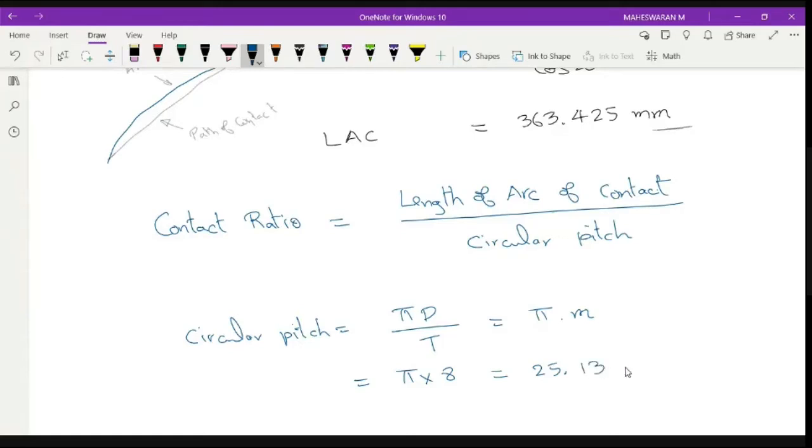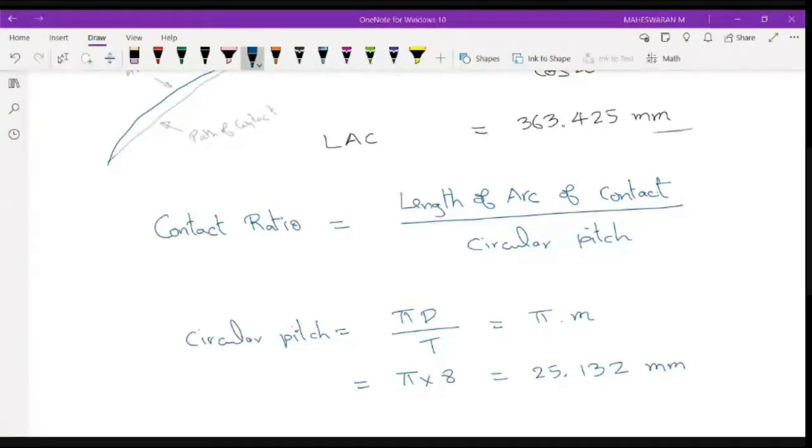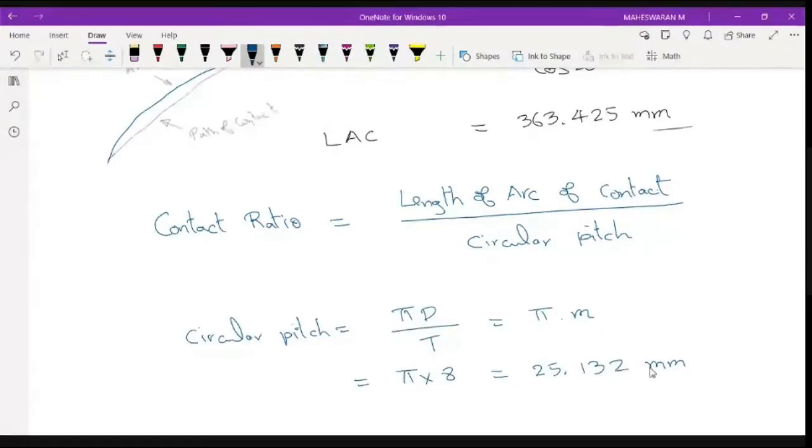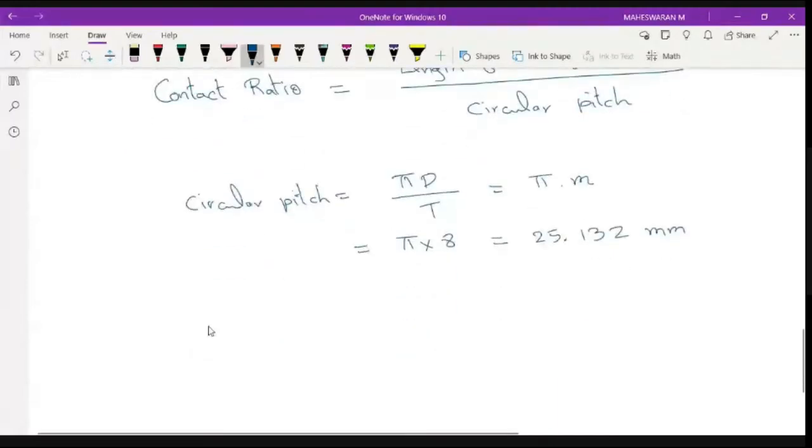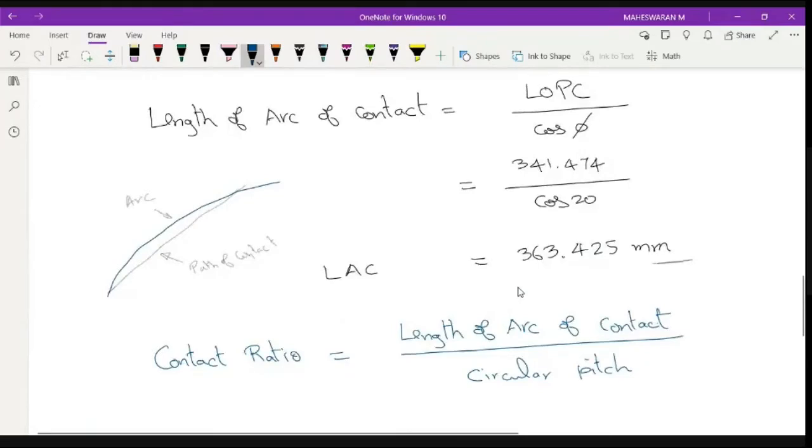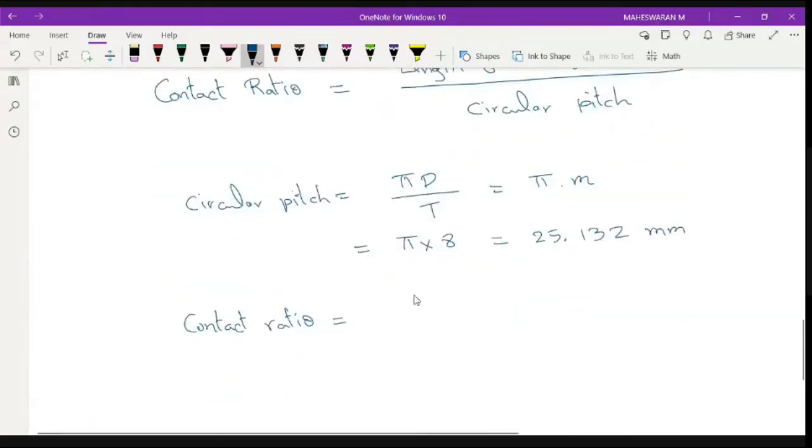25.132 mm, right? So now what you can do is divide it with respect to the length of arc of contact. So contact ratio is equal to length of arc of contact, 363.425, divided by your circular pitch, which is 25.132.